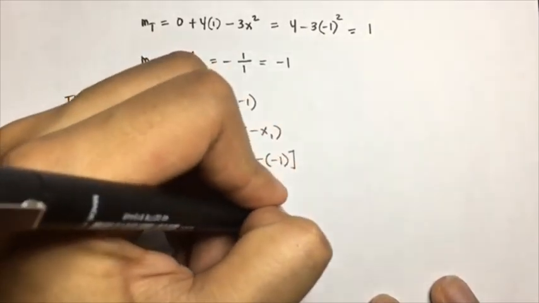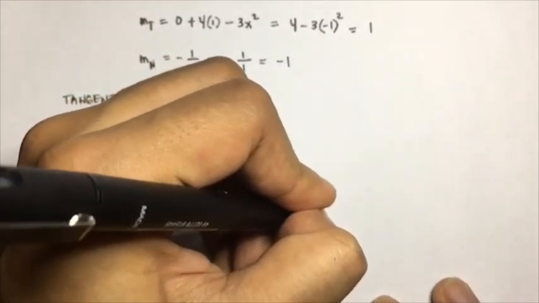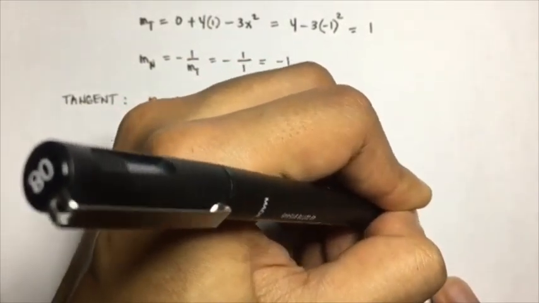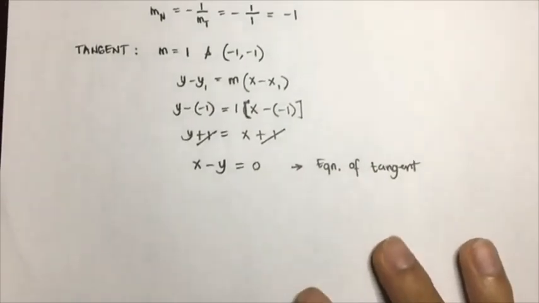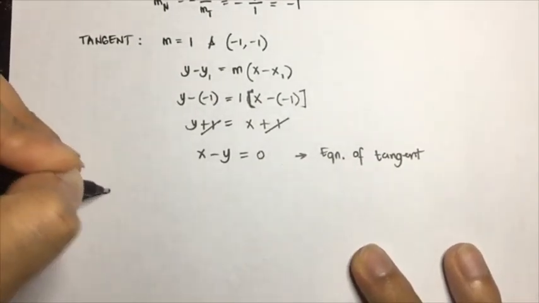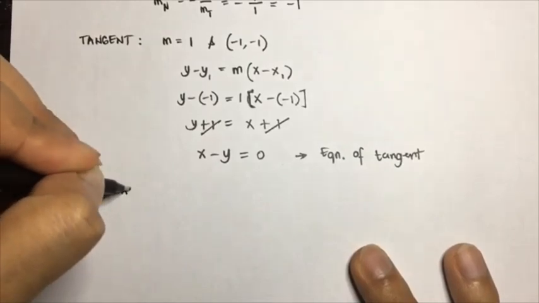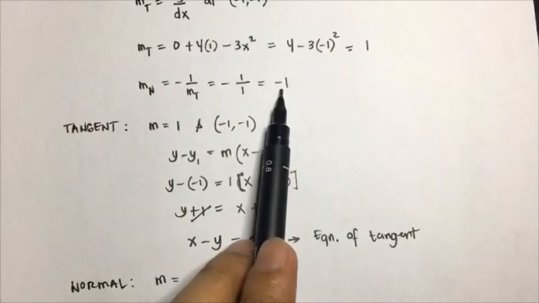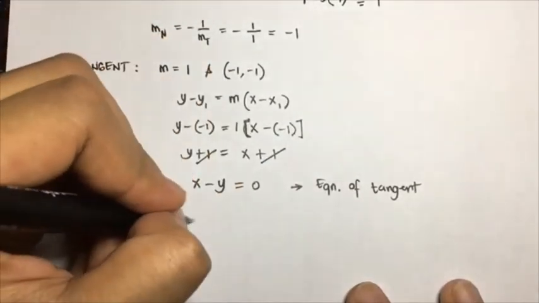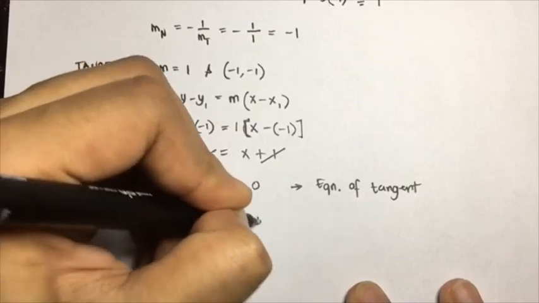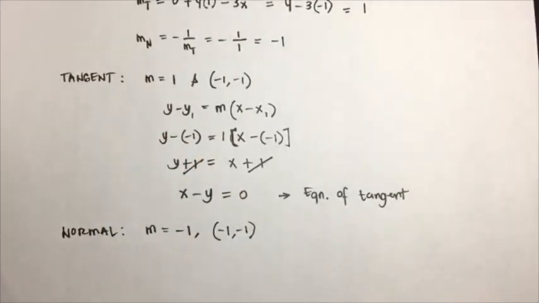So this is the equation of the tangent. Next is the normal line. Its slope is equal to negative 1, passing through the same point at negative 1, negative 1.